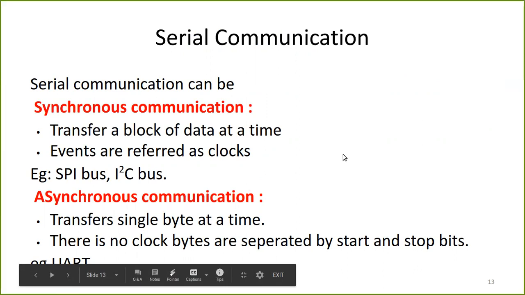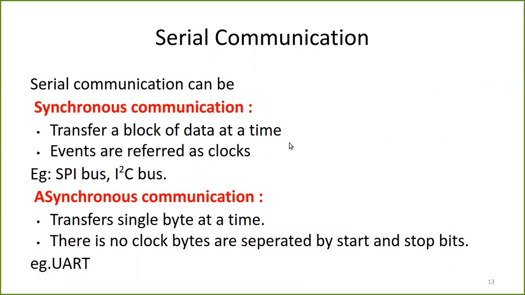Next, how serial communication can take place. It can take place in synchronous and asynchronous methodology. In the synchronous method, we continuously keep transferring a block of data, and this data is referred to as clocks.